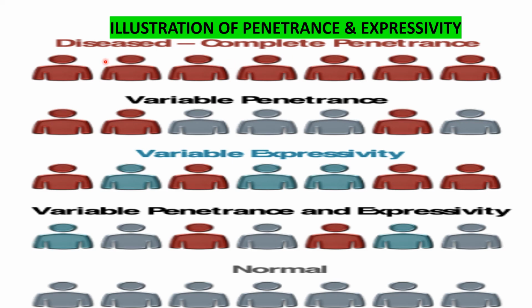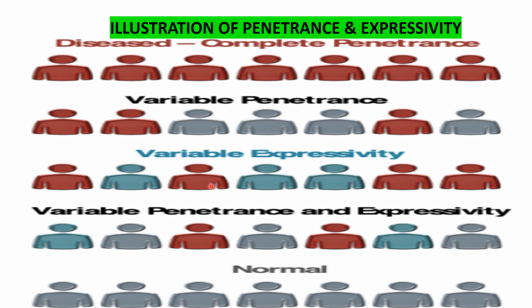We are taking an example of a disease condition. We can see in this first one that there's complete penetrance because all the individuals are showing signs of the disease. Here we have variable penetrance because some of the individuals have the disease while these other people are not showing it. And here we see variable expressivity.